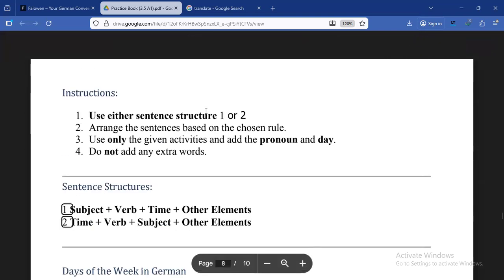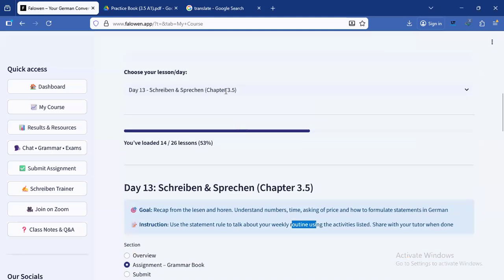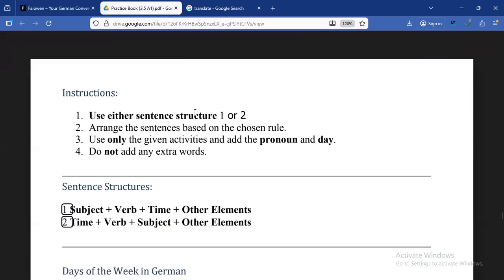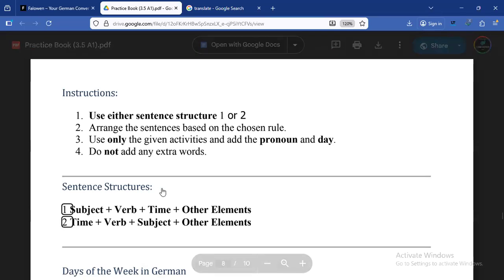So yesterday I made a mistake and we jumped to 3.6, right? Which was the rules for the modal verb. So in this chapter, today, I want to be sure that you all can form basic sentences in German. And I keep telling you guys that if you are done with the class, these are the basic things that you are going to apply.